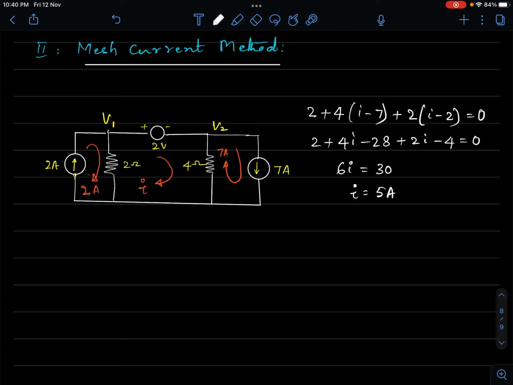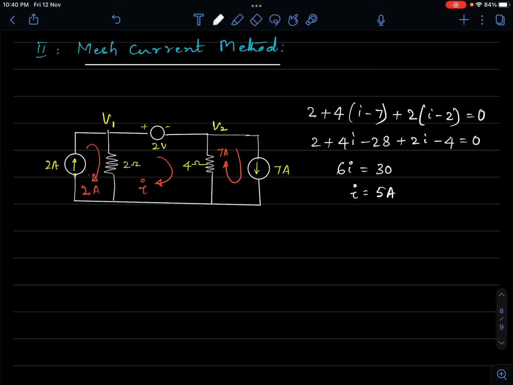So what is the potential at V1? How do we find out the potential at V1? We need to know the drop that takes place in this 2 ohm resistor.